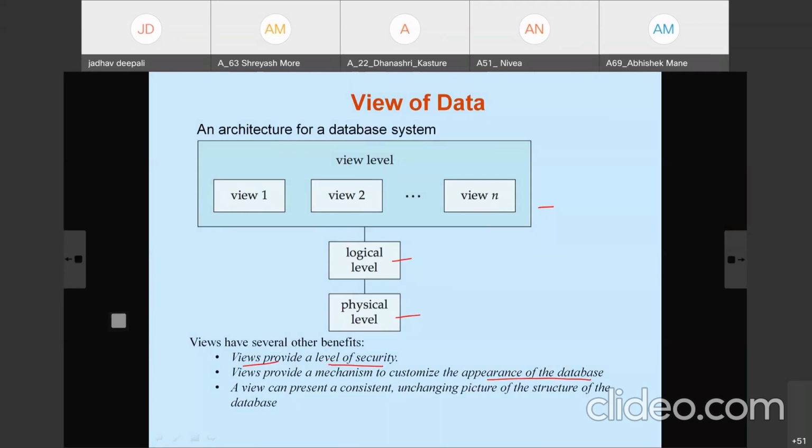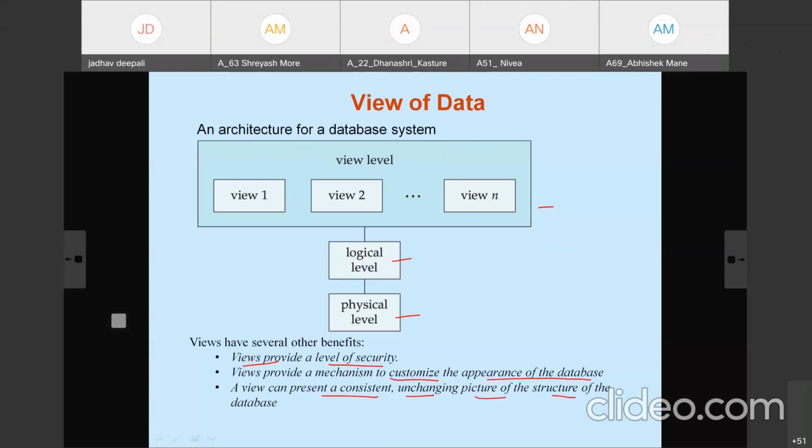And a view can present a consistent, unchanging picture of the structure of the database. So that is the benefit of the view level.